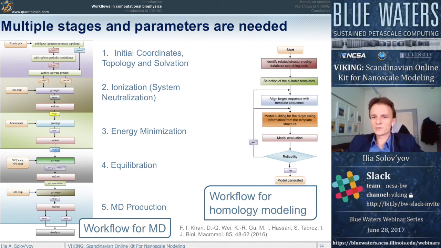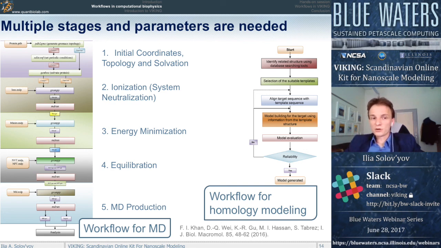I don't expect that you would be able to see the details of all of them. I think that this is a workflow that you would do if you use a program Gromacs. But here, just a summary. There are these 5 stages that basically every person has to undertake if you wish to do some molecular dynamics of, let's say, protein systems, or maybe some systems from the area of biophysics.